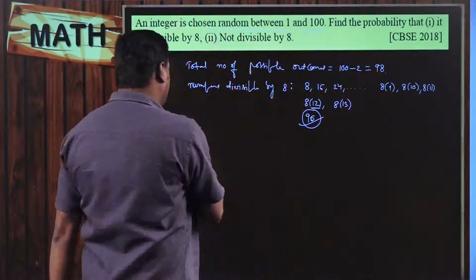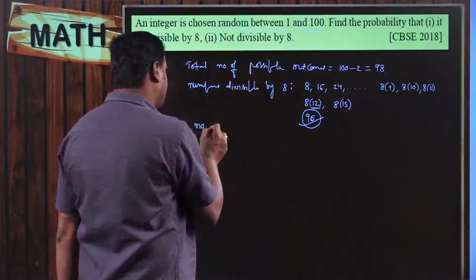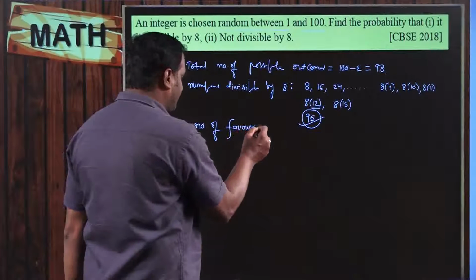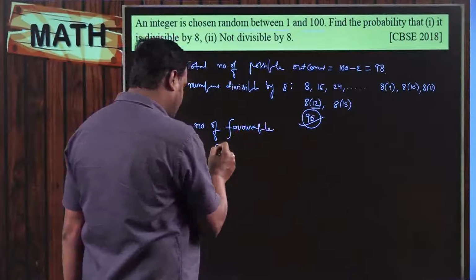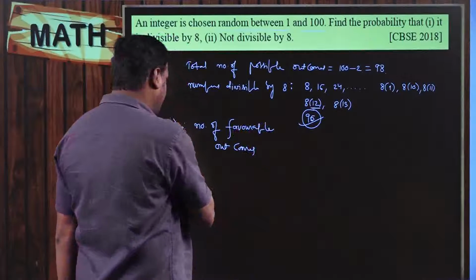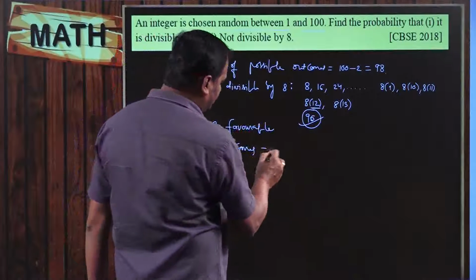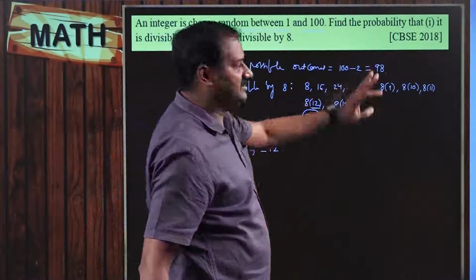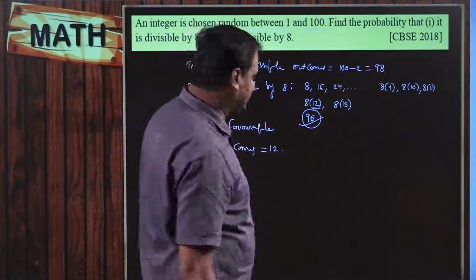So therefore, what is the number of favorable outcomes? There are totally 12 favorable outcomes. How many total outcomes are there? 98 outcomes.